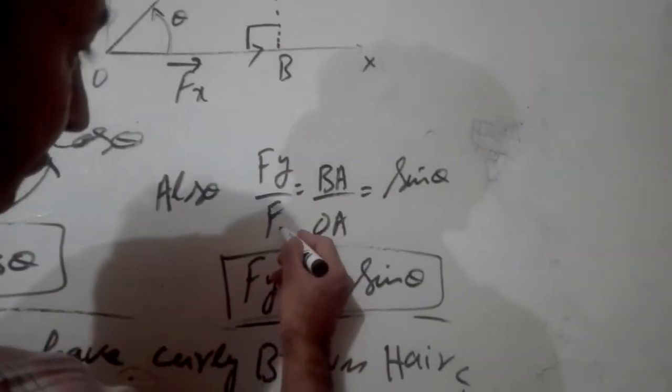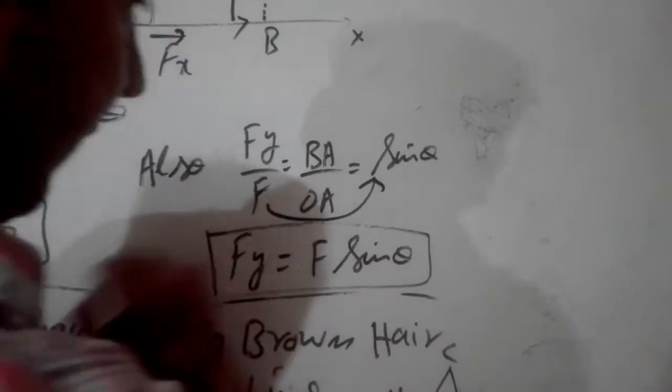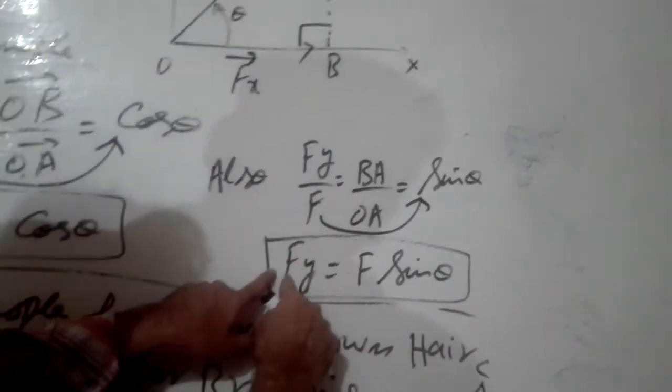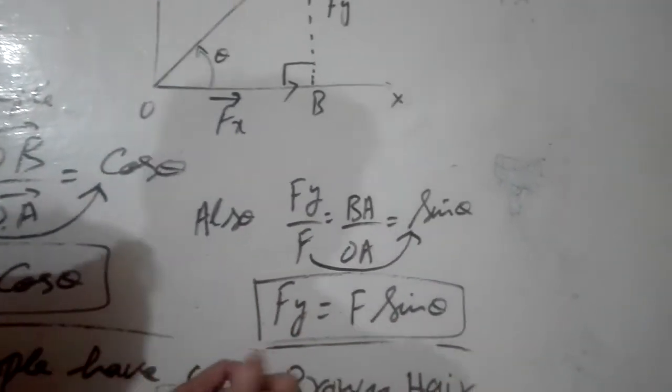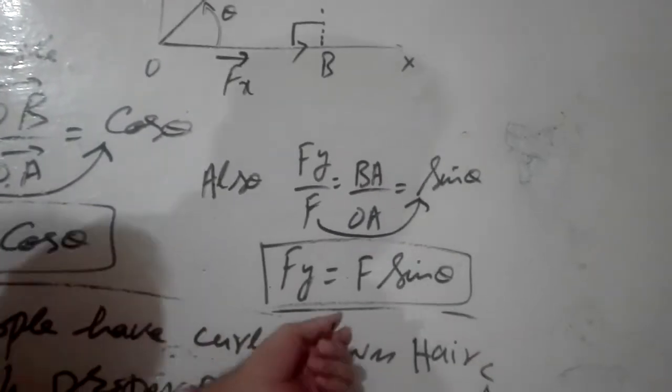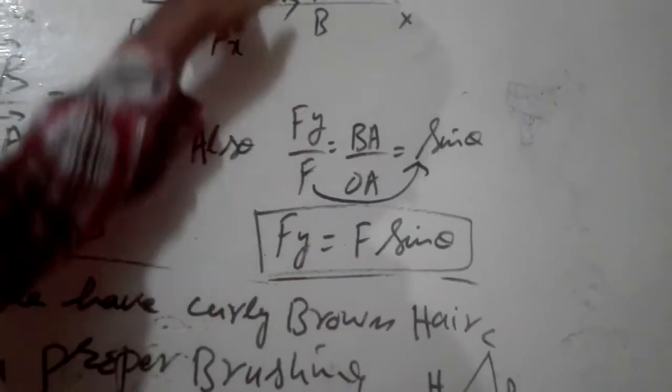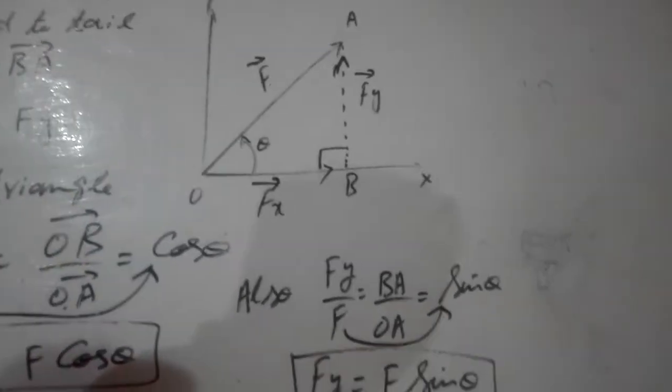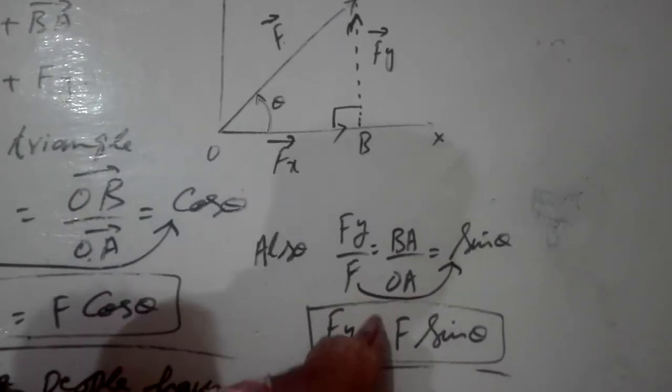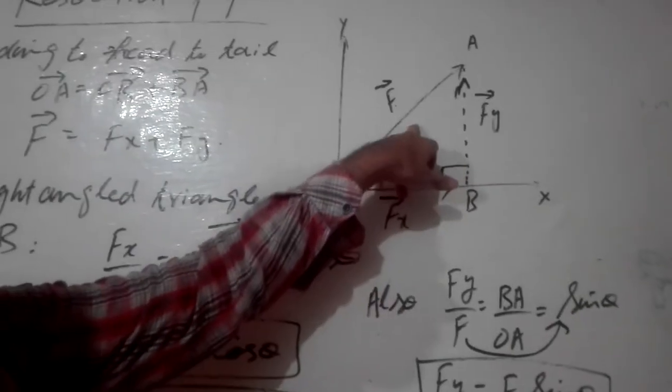In the same way, to find Fy, cross multiply F with sine theta. So I will get Fy equals F sine theta. This is the formula for the vertical component of this force, and you have to keep it in mind: Fy is equal to F sine theta.